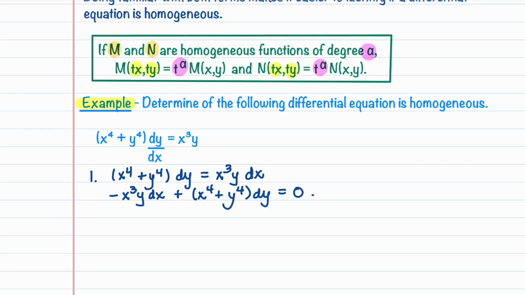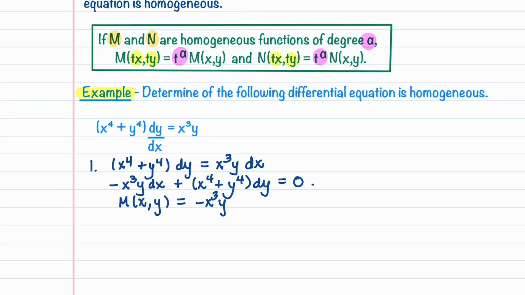To check if this equation is homogeneous, we need to look at M and N. So I'm going to let M(x,y) be equal to the coefficient of dx, which is minus x^3 y, and I'm going to let N(x,y) be the coefficient that multiplies dy, and that's x^4 plus y^4.